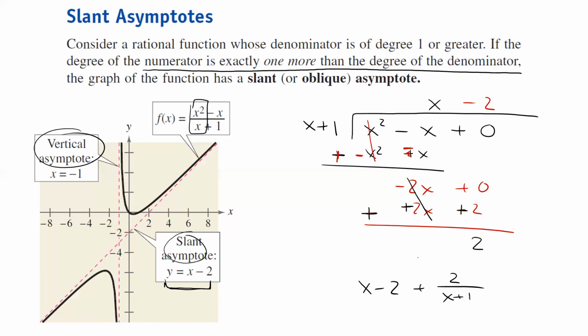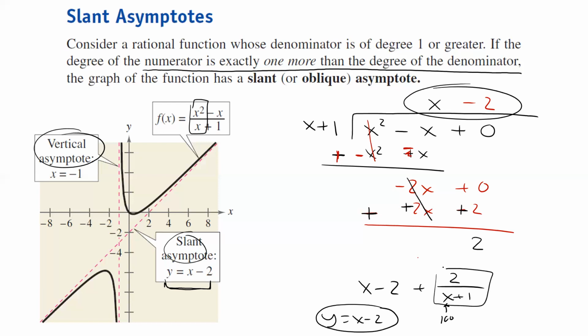Are we good? Here's the thing. We don't care about the remainder. Who cares about the remainder here? Our slant asymptote comes from just the quotient, just this little piece right here. And what it's really saying is this: as the numbers get bigger and bigger and bigger, as this number gets bigger, let's say this is like 100 or so, right?